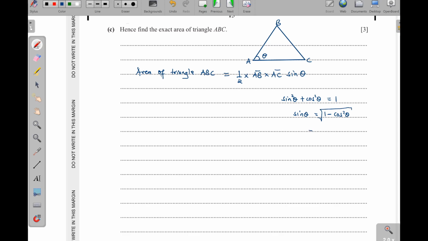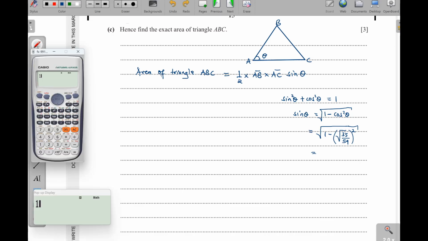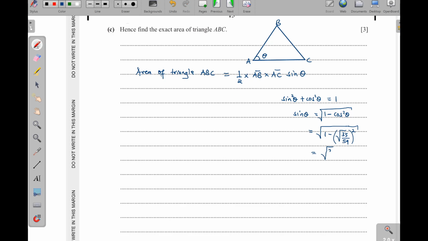So this will be the square root of 1 minus, remember the other one we had, root of 35 over 59, then we can square this. So inside here we have 1 minus 35 over 59. That is 24 over 59. So square root of 24 over 59.